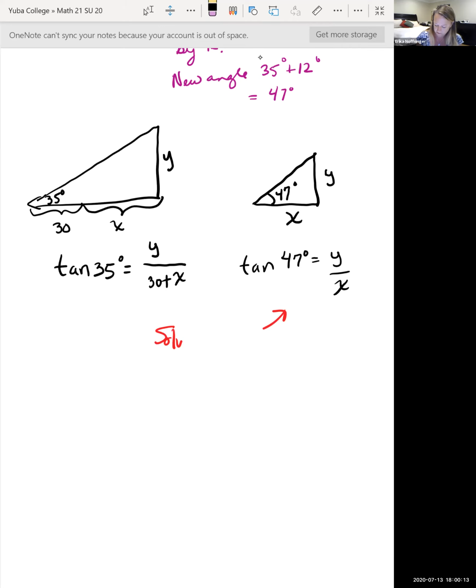So solve for one of the variables in one equation.